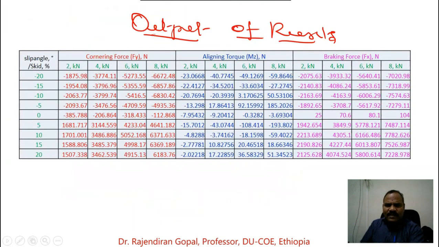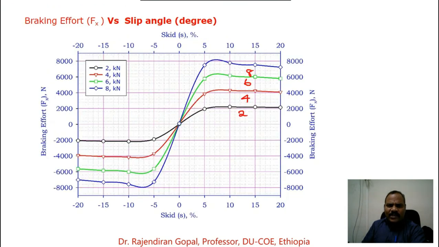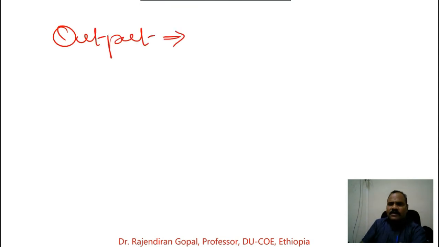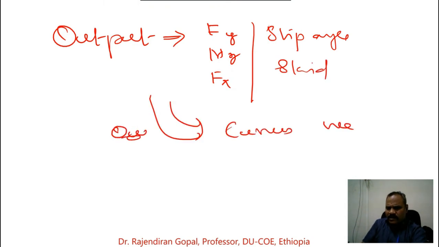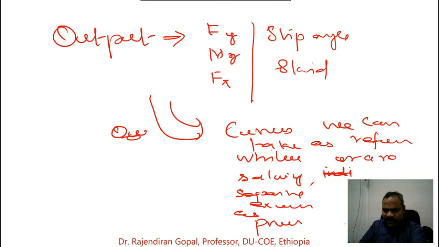So the output of these three, cornering force, aligning torque, braking effort, can be taken as a reference. From this output, with respect to slip angle or skid, the output curves we can take as discussed in the previous classes in aerodynamics.